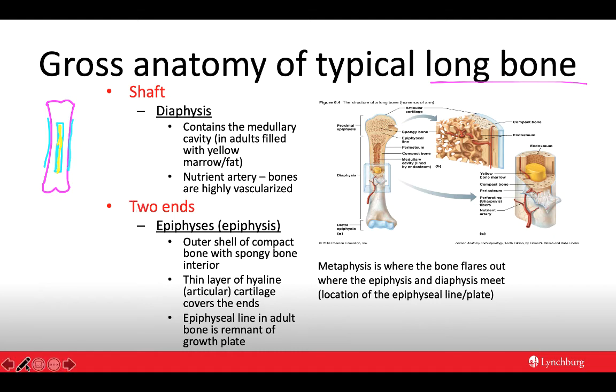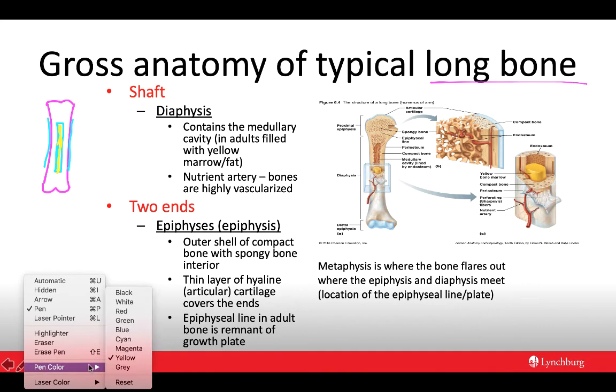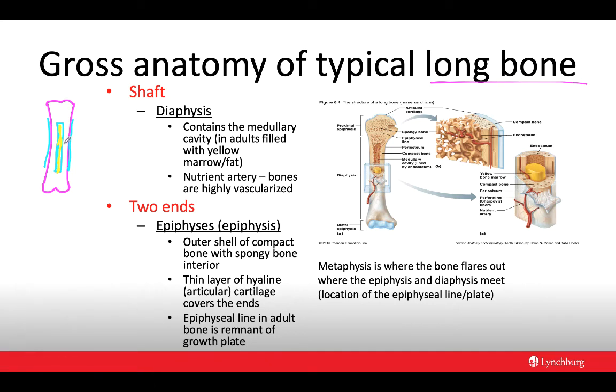We also have in the diaphysis a blood vessel that's going to come and insert into the diaphysis there. And we call that the nutrient artery. One of the things we talked about with tissues is that bone is highly vascular. And this is one of the ways that we get all of that blood supply to our bones, through this nutrient artery.